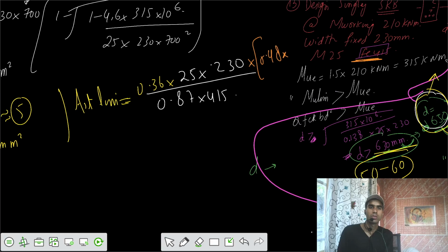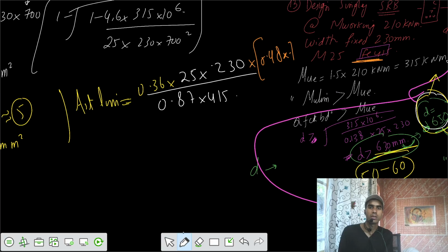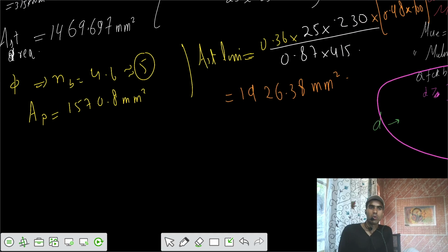So we write that 700 here. So we multiply 0.48 into 700. So the AST limiting is 1926.38 millimeters square.